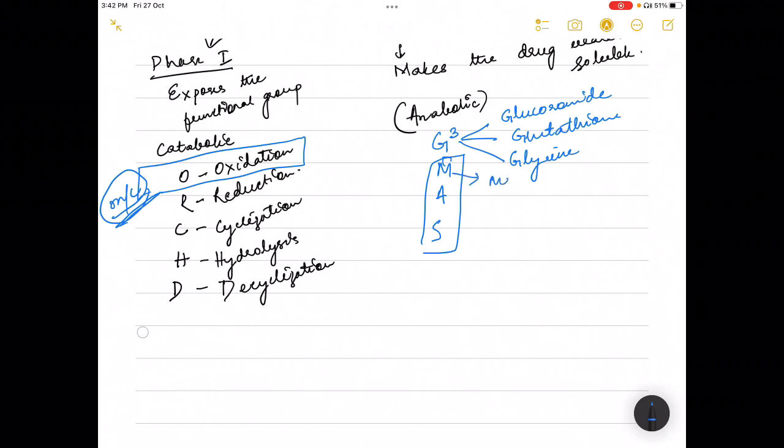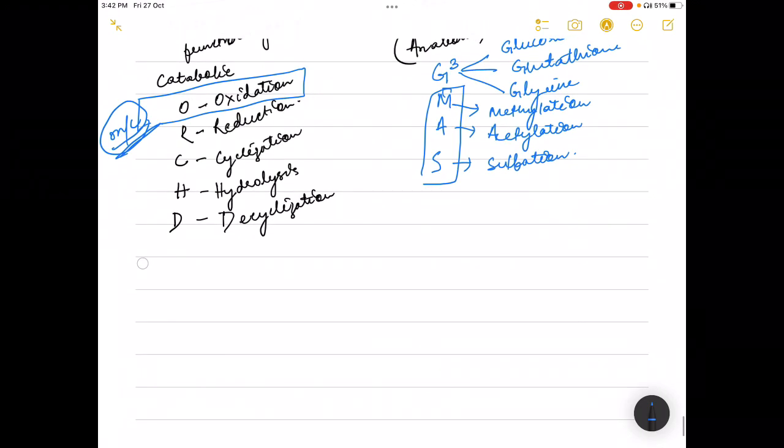Then MAS stands for methylation, A for acetylation, S for sulfation. Okay.